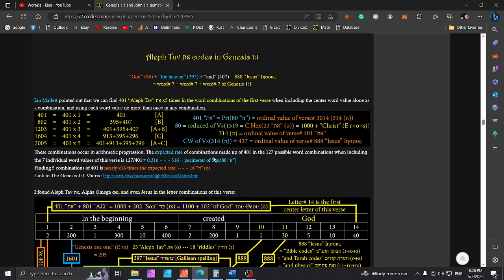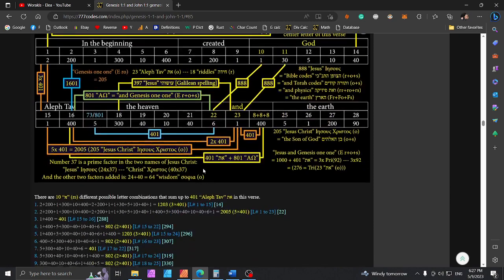The expected rate of finding a word with the value of 401, which is Aleph and Tav, is 0.316. 316 is the perimeter of square number pi, and we find the Aleph and Tav 5 times in the word combinations, which is 16 times the expected rate, and 16 is pi in ordinal.